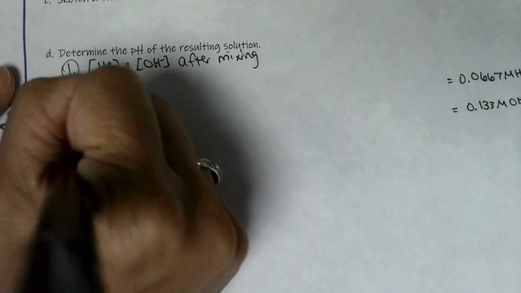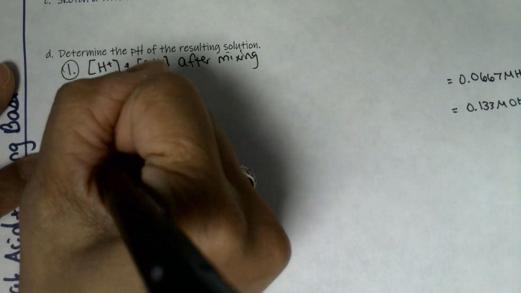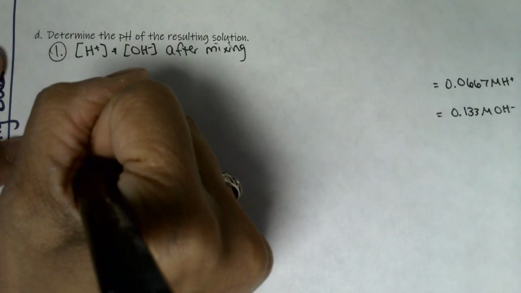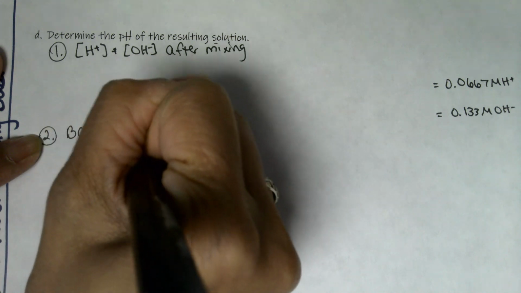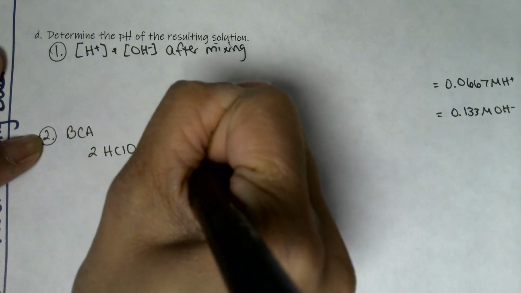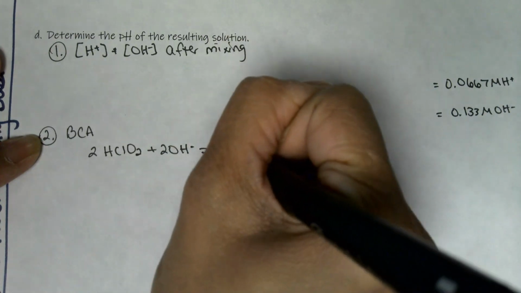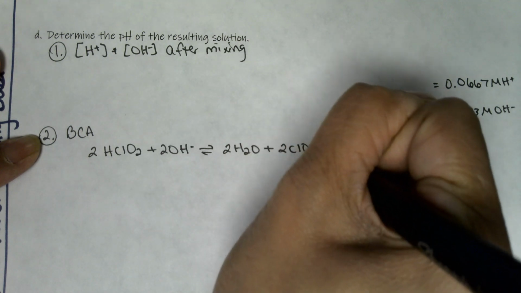So looking at this, we'll throw it into a BCA table. We have the equation 2 HClO2 plus 2 OH minus in equilibrium with 2 H2O plus 2 ClO2 minus.